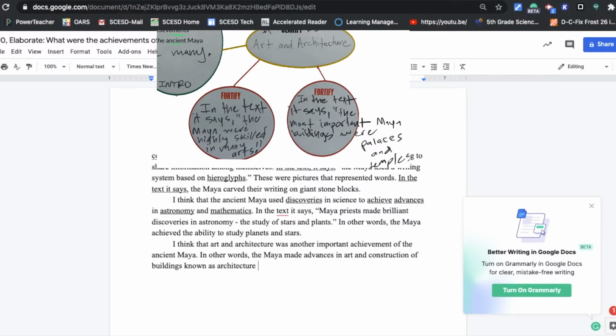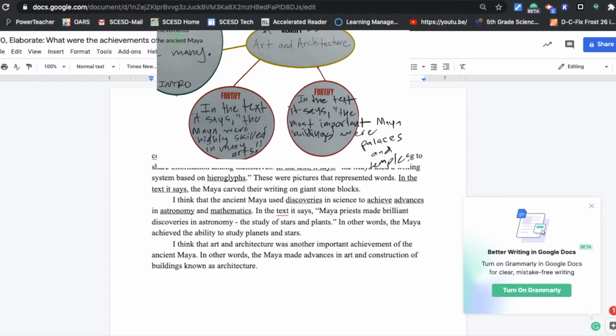We were told that in the text, so we can use that. We've just defined a term, which is part of what we want to be doing when we're writing an informational essay. The Maya made advances in art and construction of buildings known as architecture. Then we can go ahead and just put in the fortification statements. Now we'll start with this one, and then we'll move over to this one.